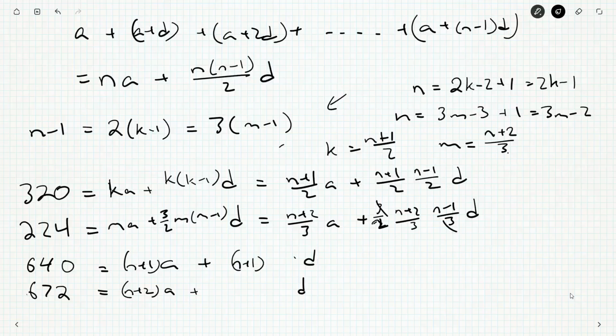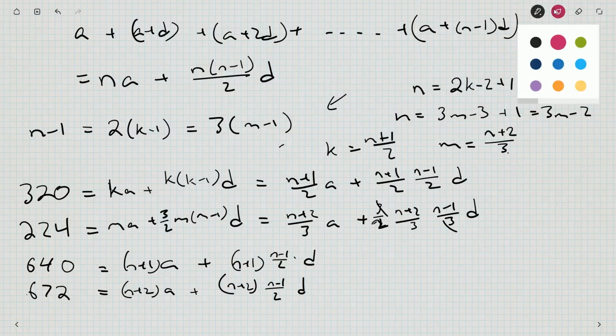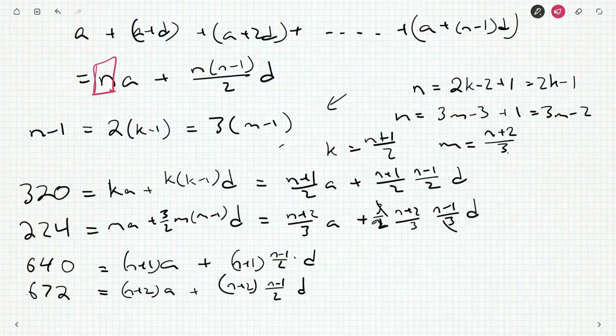So n plus 1, n minus 1 over 2 and n plus 2, n minus 1 over 2. So we're very, very close. We've got exactly the thing we want, except where we want n's, we've got n plus 1's and n plus 2's.